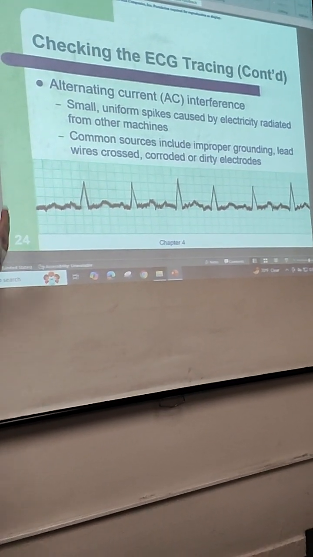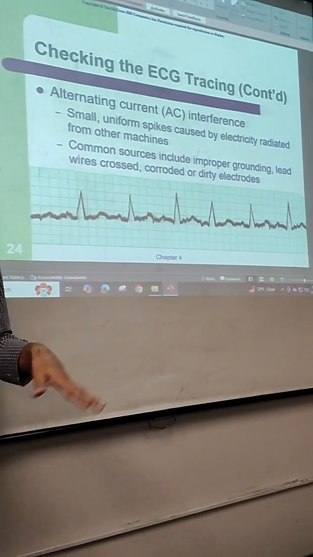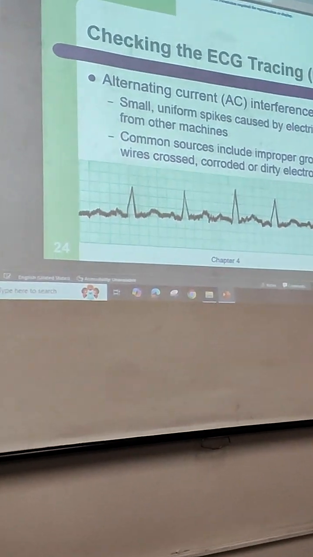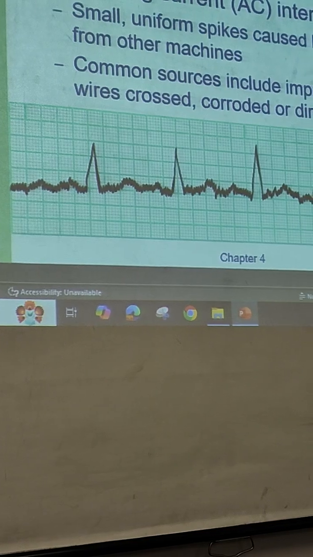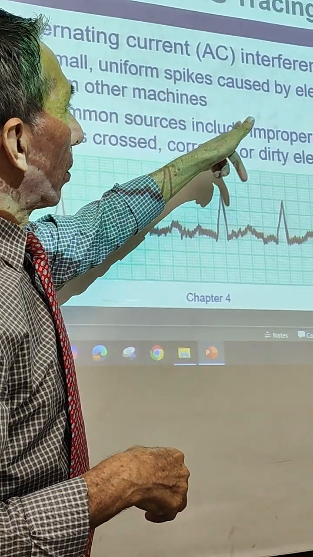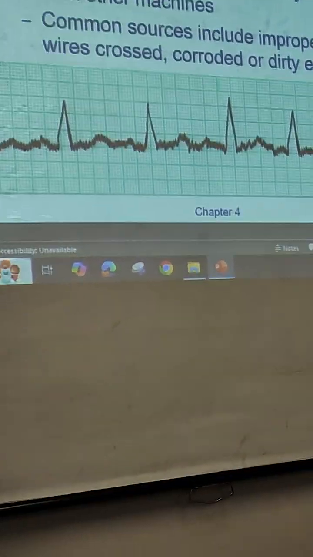It's like this little needle is going like this because it has electrical interference and it kind of burned this paper. And you see all these small spikes that are uniform. So that's basically what it is. It says right here, small uniform spikes caused by electricity or any interference from machines, electronics, whatever else.